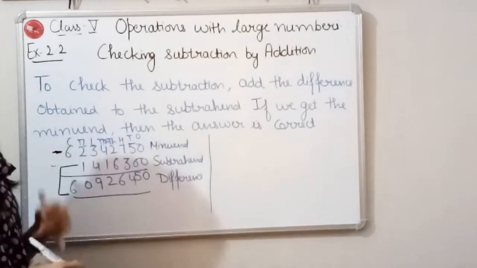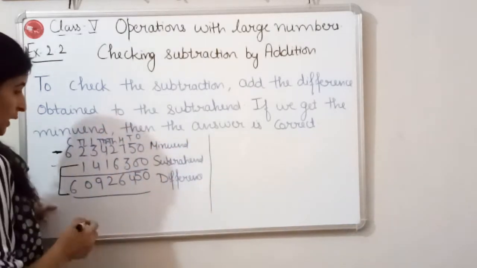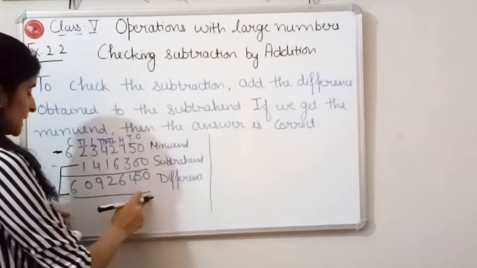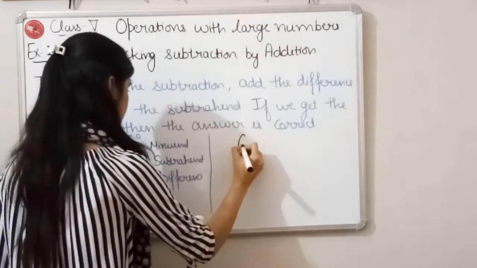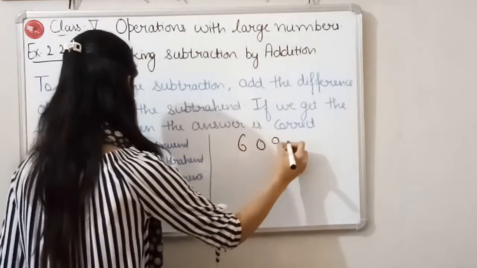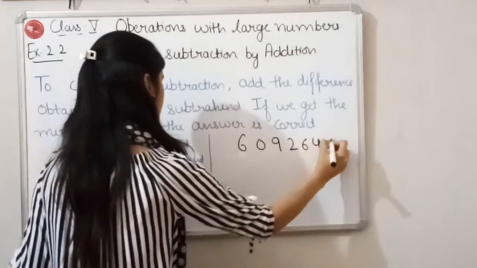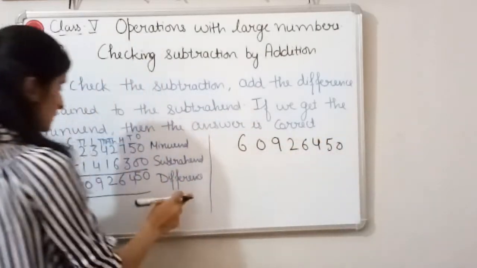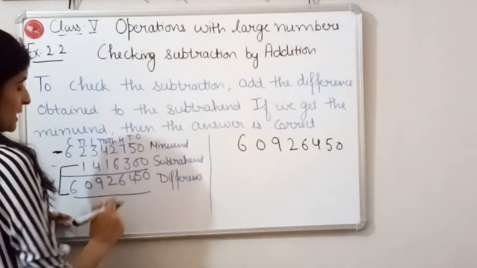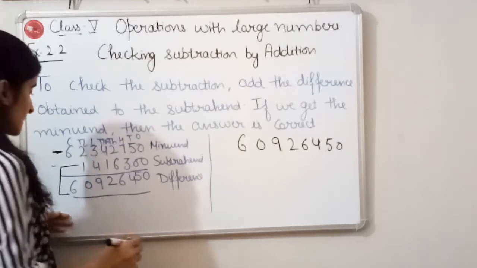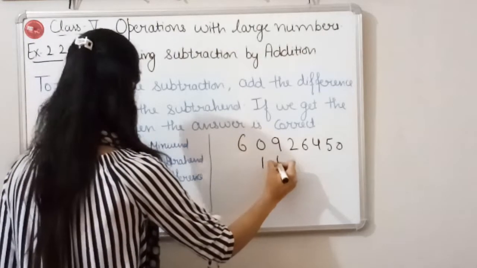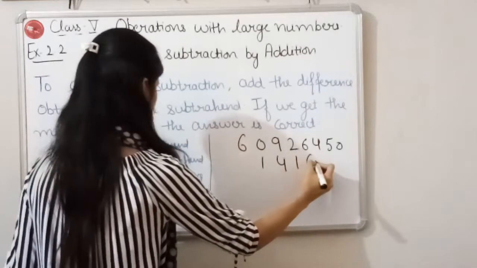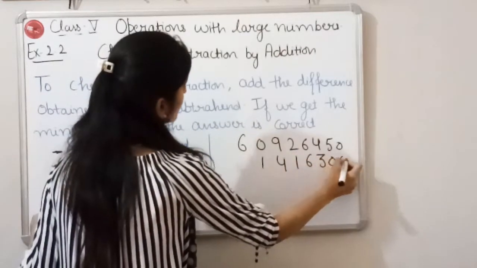So let us check this subtraction now. We have to add this and this term. We will write the difference here: 6, 0, 9, 2, 6, 4, 5, 0. And we have to add the subtrahend to that, so that will be 1, 4, 1, 6, 3, 0, 0.